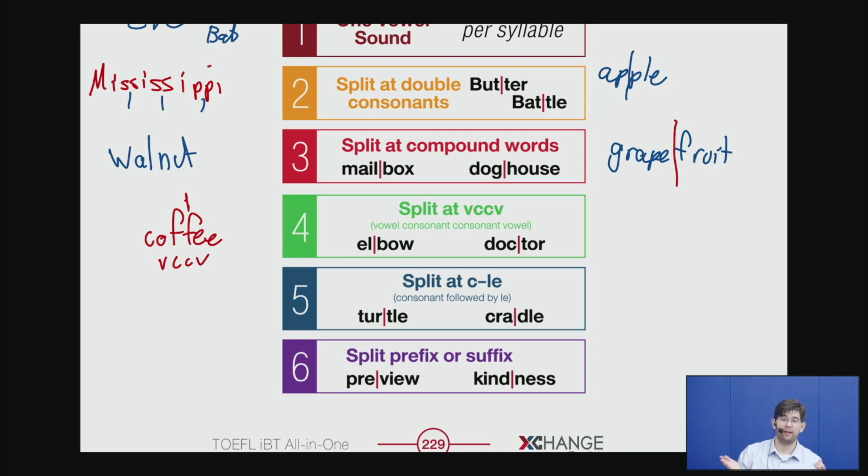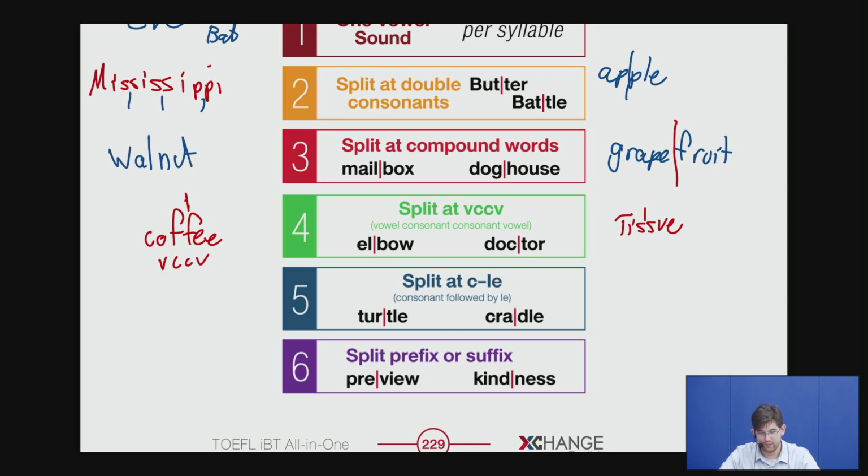It fits both categories of syllables. Another example of this is the word tissue. Tissue, once again, is like coffee. It's a double consonant and that VCCV setup. And we have 2 syllables in here, and it splits at the double S, tissue.